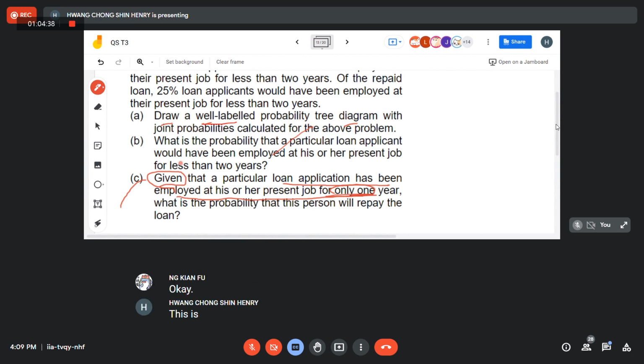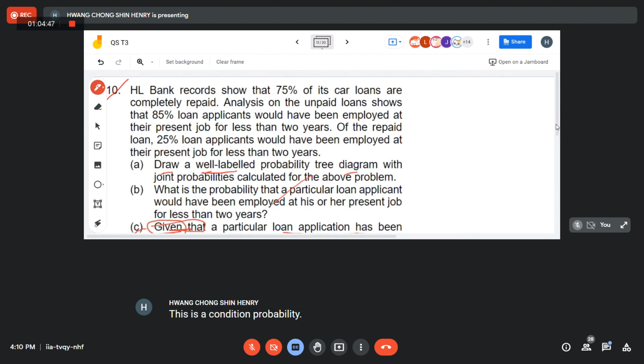Okay. This is a conditional probability.